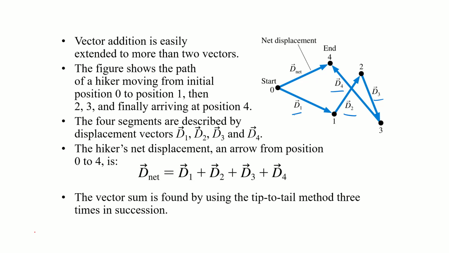You're essentially just following the arrows. You start with D1, you end up at its tip, then you put the tail of the next vector there, follow it to its tip, put the tail of the next vector there, and you just follow those arrows until you get to the end. The resulting total net vector is from where you started to where you ended.